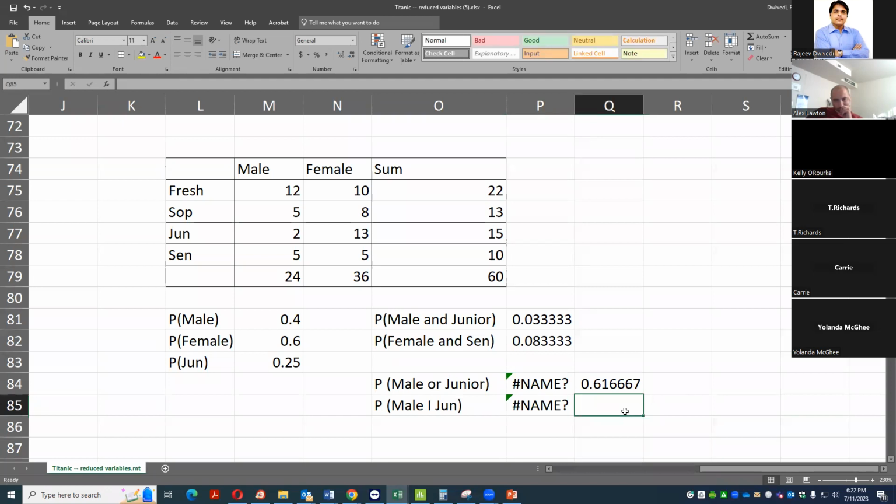Now I know what is common between these, divided by the probability of junior. So we get the answer: probability of male given junior. Is it making sense?